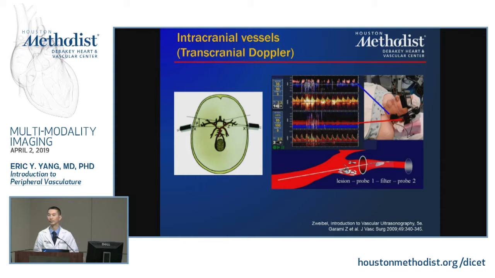This is actually used routinely in vascular interventions involving carotids to look for embolic phenomenon. This can also be used to look for intracardiac shunts as well, so they can detect bubbles in the artery as a noise that can appear when you inject through the veins as well. So that's another indication to perform a transcranial Doppler.